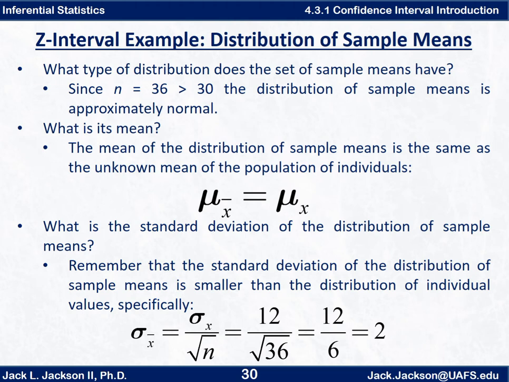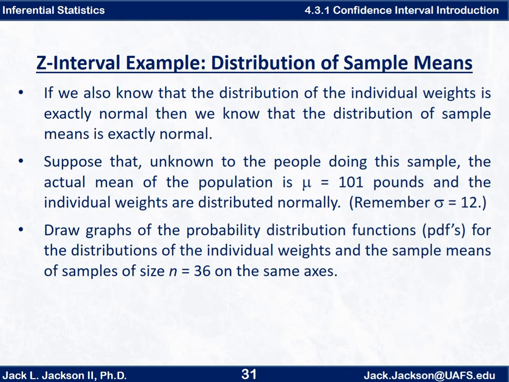So when we're dealing with computations related to the sample means, the standard deviation we're using is 2, and the mean is, well, it's unknown. So, a z-interval example, when we're talking about the distribution of sample means.